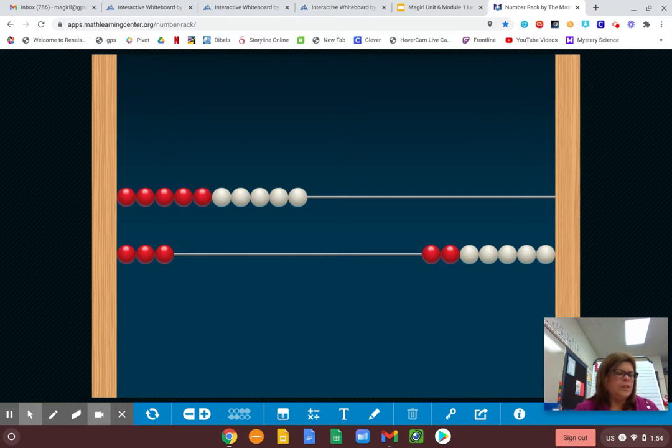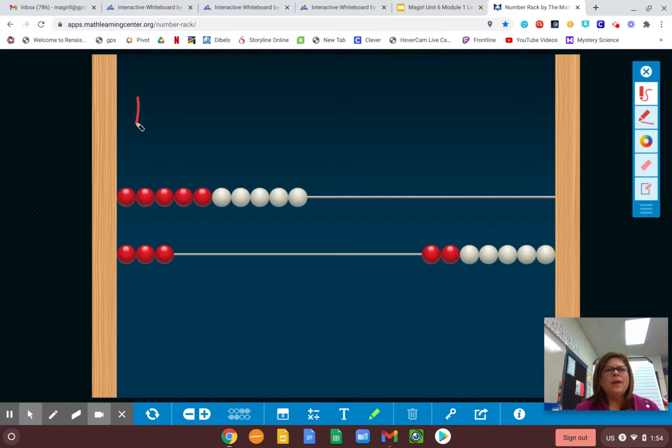How many fish did the penguin eat in all? He ate 10 and some more, 3 more. So it would be like writing 10 fish he ate plus he ate 3 more.